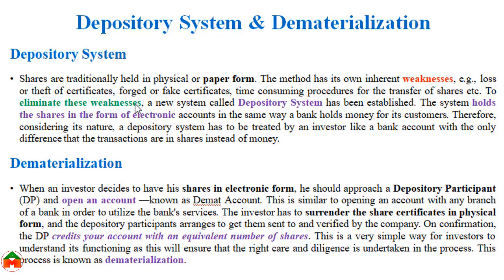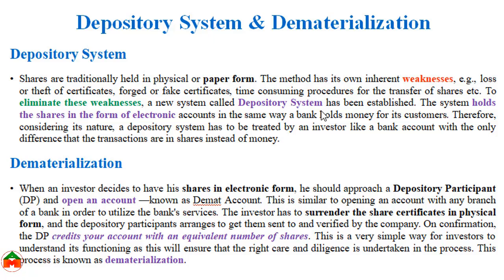In the initial stage of the capital market, the company usually issued share certificates to the investor. But this share certificate has a weakness, because the certificate can be copied, or it may be distorted, or there may be any other risk. To avoid this risk, there is the depository system.